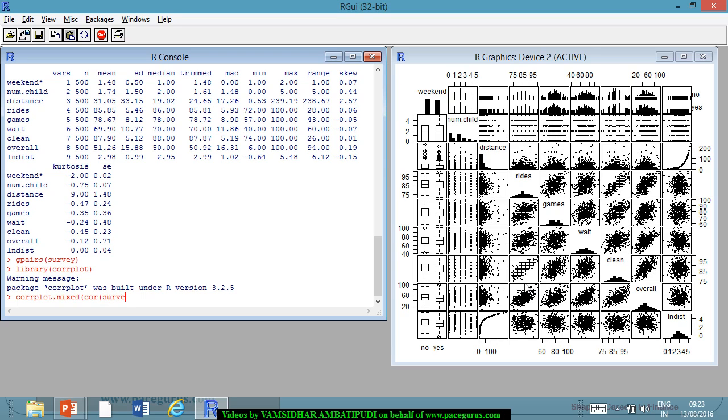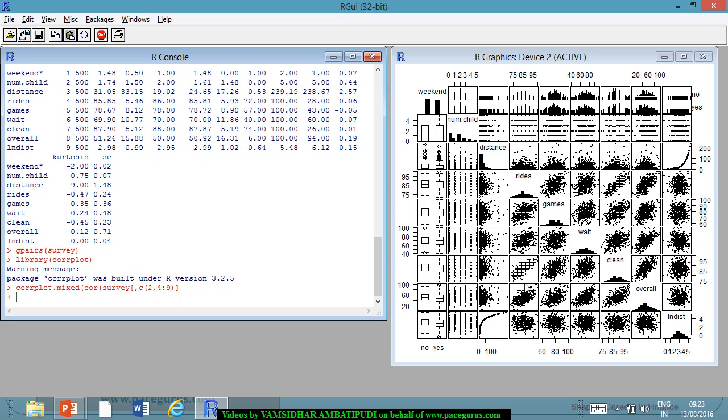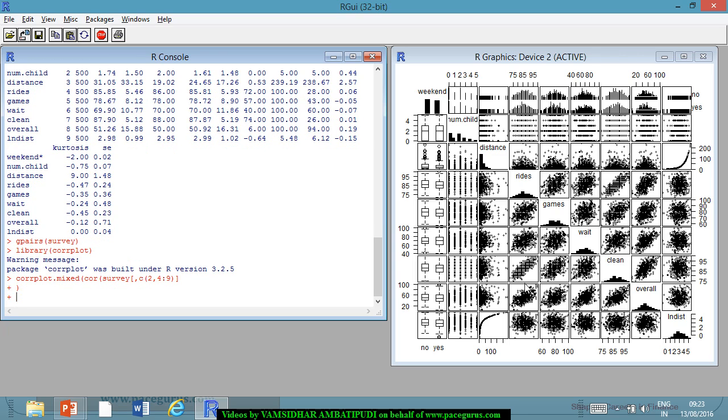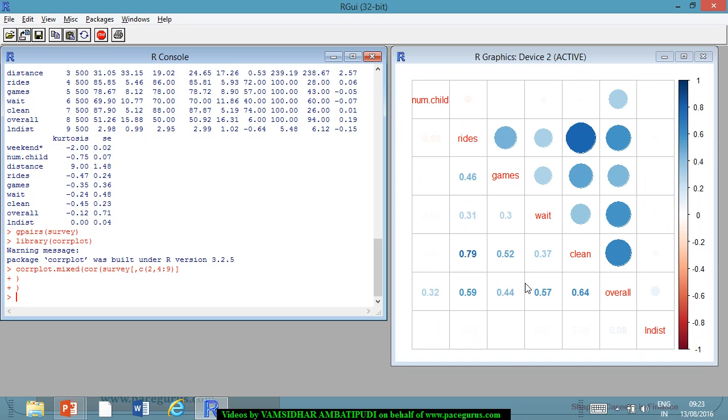So I am taking the correlation of this survey data, wherein I am taking all the rows, but for the columns I am taking the second column and the 4th to 9th columns. I am not taking 3 because I don't want the distance column. So once I did this corrplot, I have to close the bracket. One more bracket is there. So this is the kind of correlation plot that I am getting.